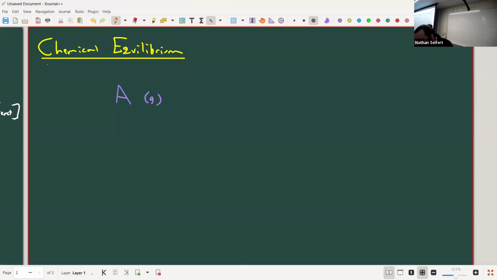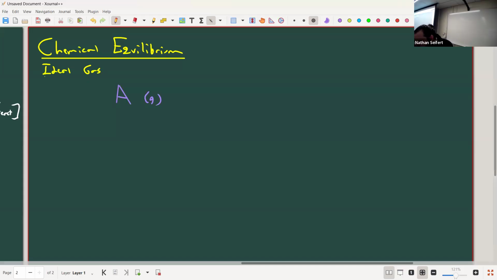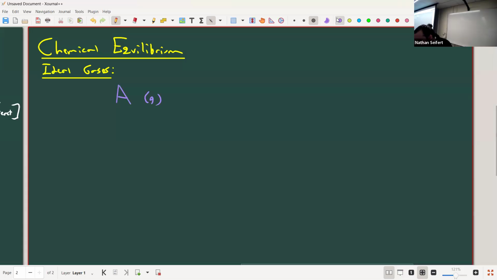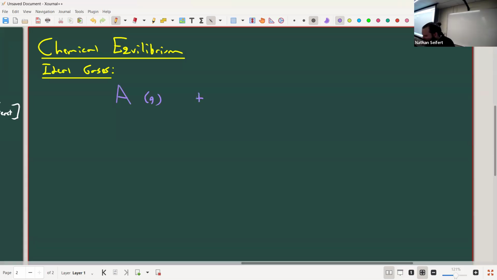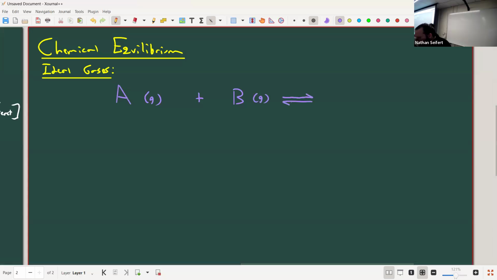And let's make a note that we're going to assume ideal gas law here. We're not going to worry about real gases at the moment. We lose some of the bigger picture by thinking about that. And then we're going to react it with some other molecule B. And this is going to be an equilibrium of some products C and D, that we'll just say are gases for now.